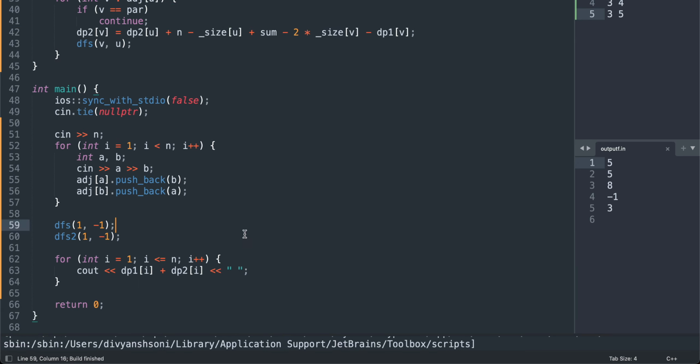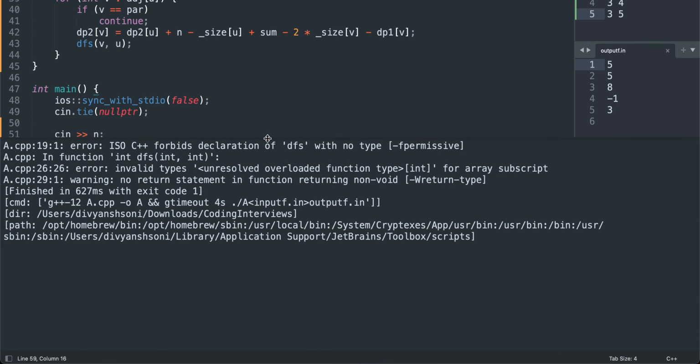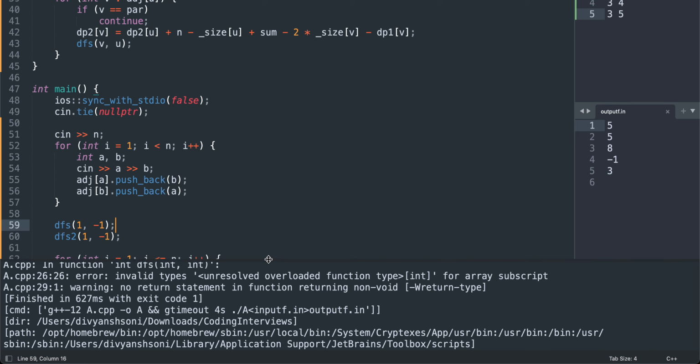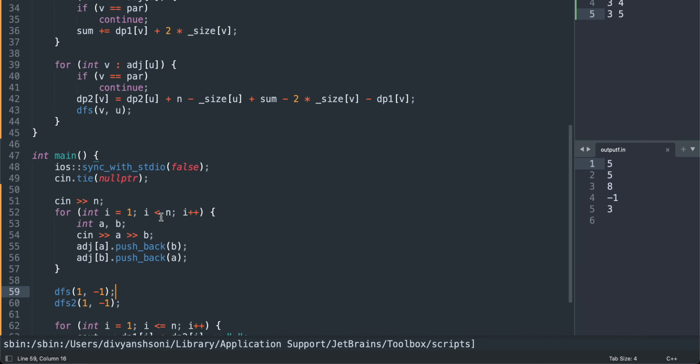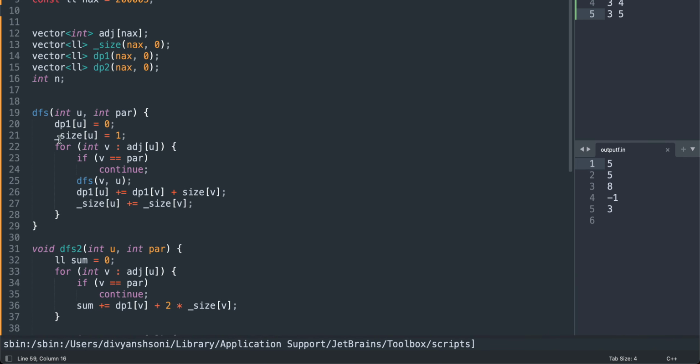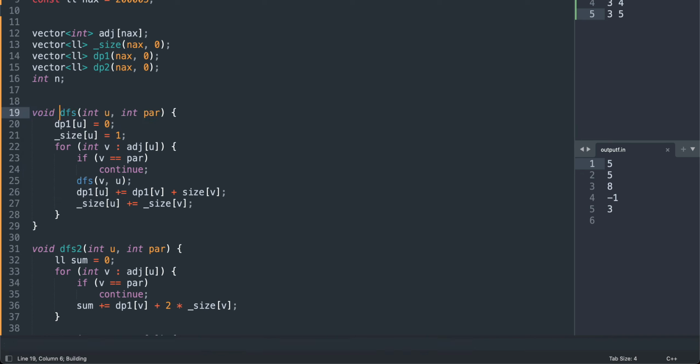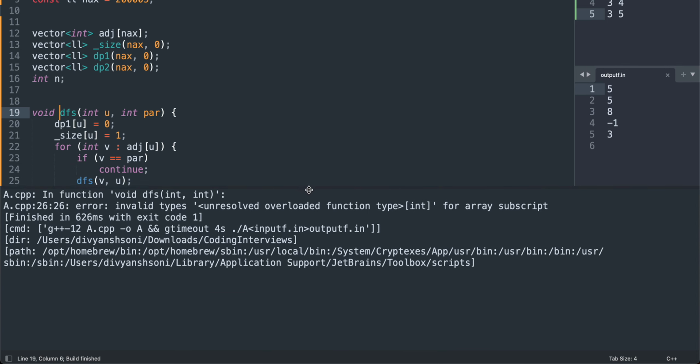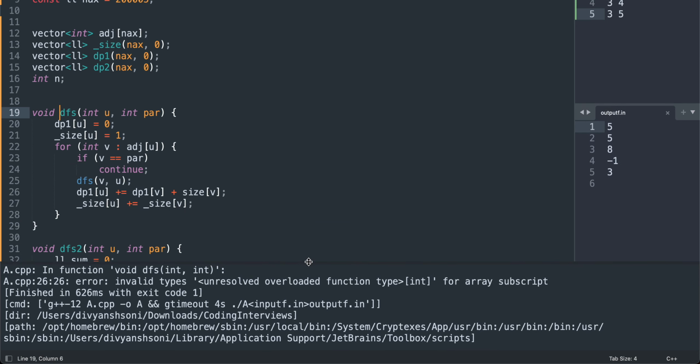Should it work now? No. Okay, no type. These errors. Void DFS.